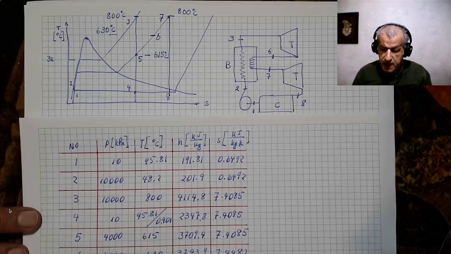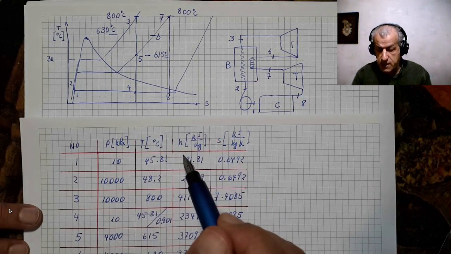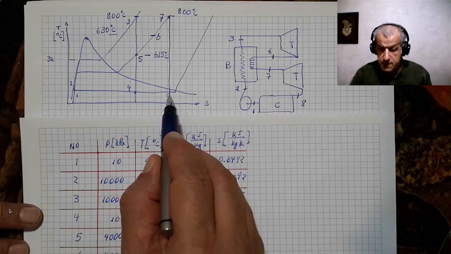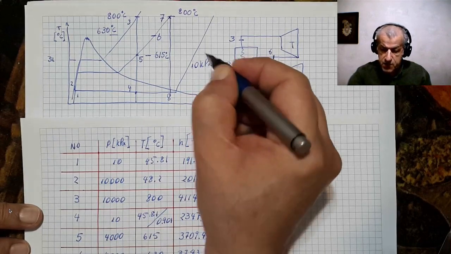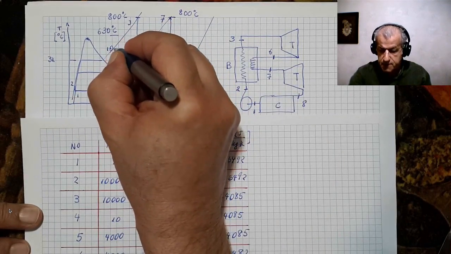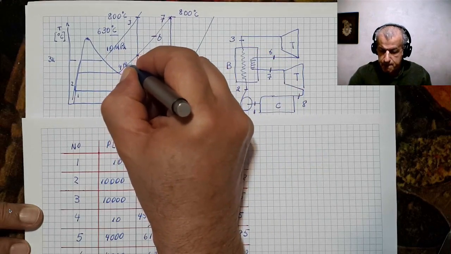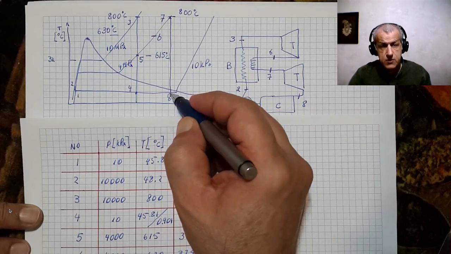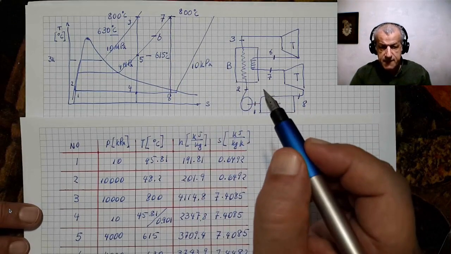The final point we have to find out where it is and what its properties are is point 8. What we know about point 8 is that the pressure is 10 kilopascal. The pressure here was 10 megapascal, this line was 4 megapascal, and this line is 10 kilopascal, and its entropy is identical with the entropy at point 7.